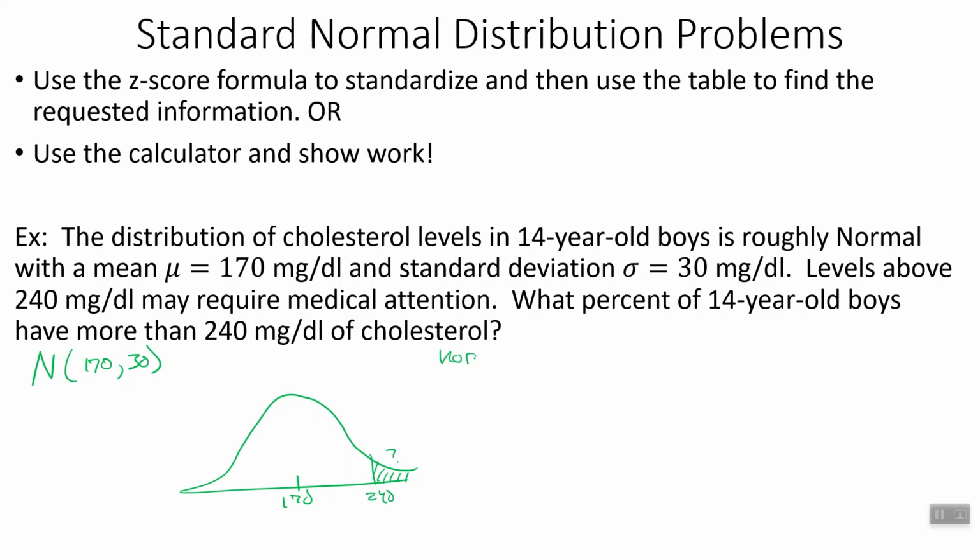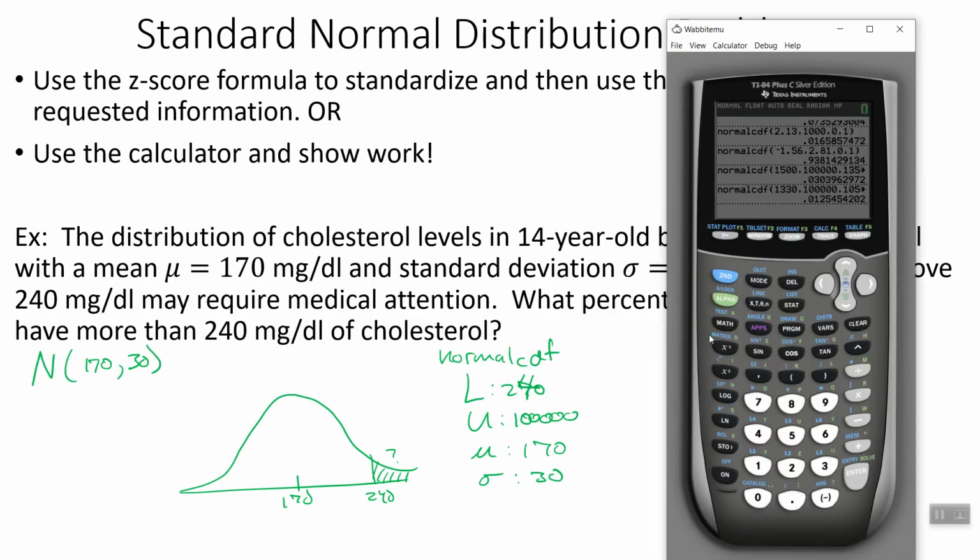So we're using our normal CDF. Our lower is 240. Our upper is just going to be something big. Our mean is 170, and the standard deviation is 30. We can throw this in. Second vars, number 2.